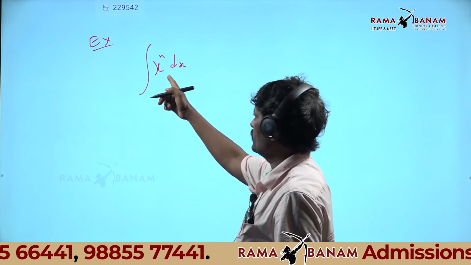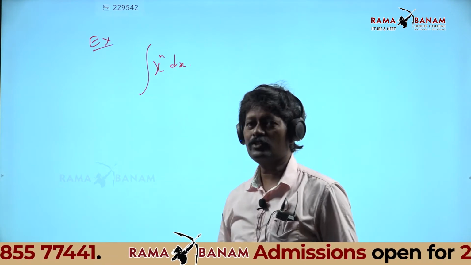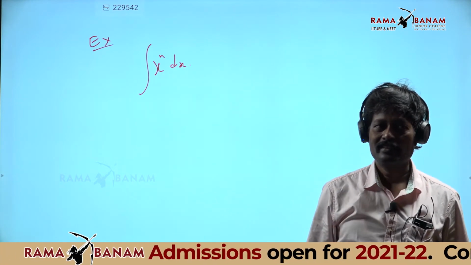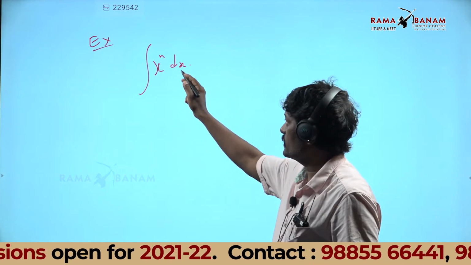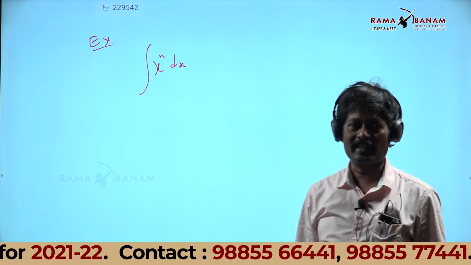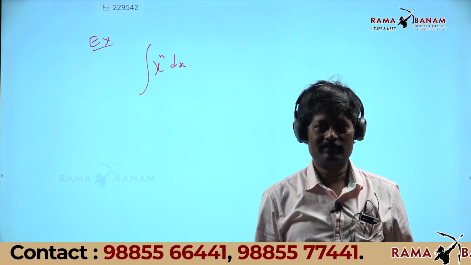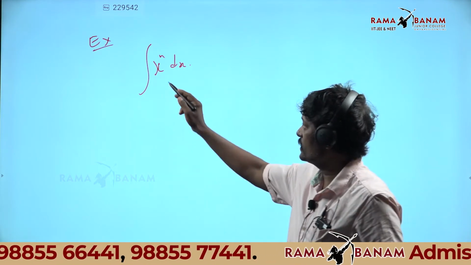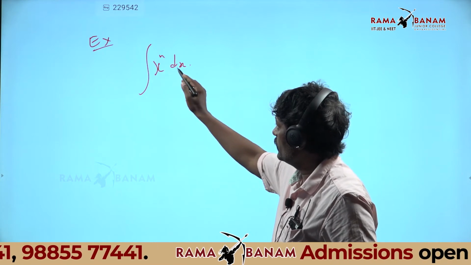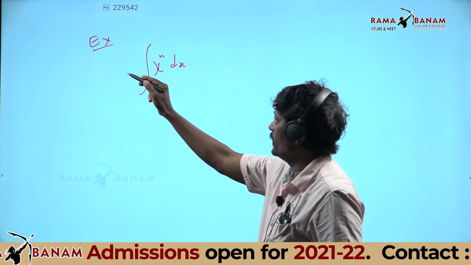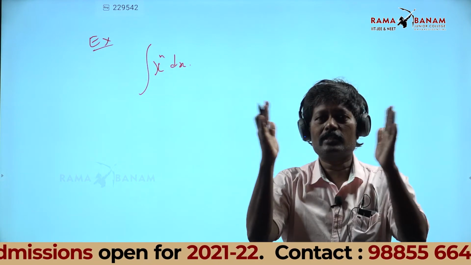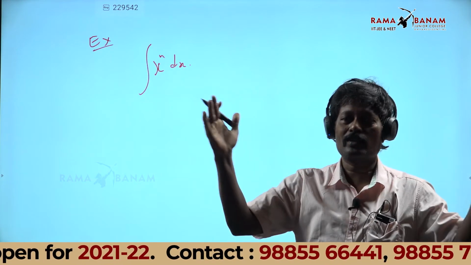So x power n is the length of the small rectangle. dx is the width of the small rectangle under that curve. So y is the length of the rectangle, dx is the breadth. y dx is a small area. Integrating, adding up all such small areas, I will get the total area.